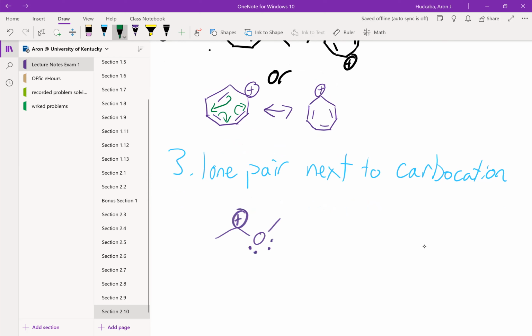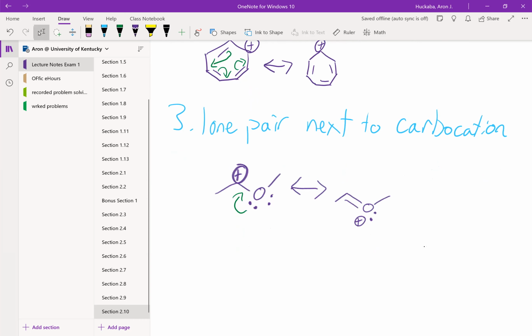A simple resonance form of this can be shown here, where you just migrate that positive charge onto the oxygen. And these aren't typically great resonance forms because oxygen doesn't like to have a positive charge, but that is a thing that can exist.